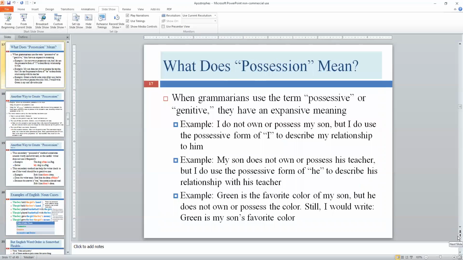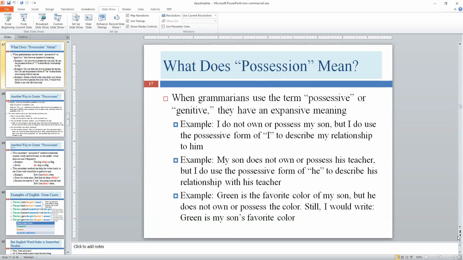Okay, let's pause here and talk about the word possessive. That word is kind of confusing because we all have a meaning associated with possessive that does not necessarily track with the way it's meant from a grammatical standpoint. When we say a word is in the possessive case or in the genitive case, we mean a lot more. We have a much broader category than when we ordinarily say, I possess something.